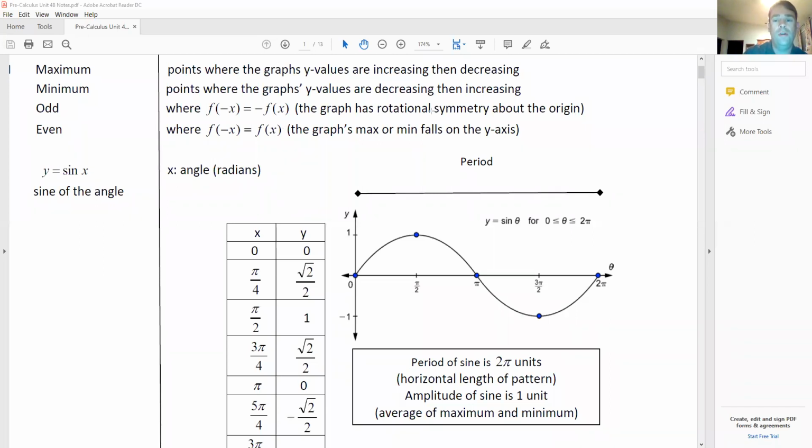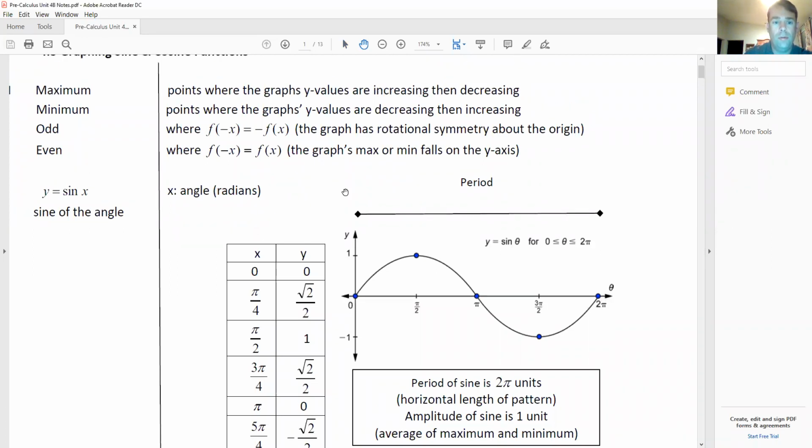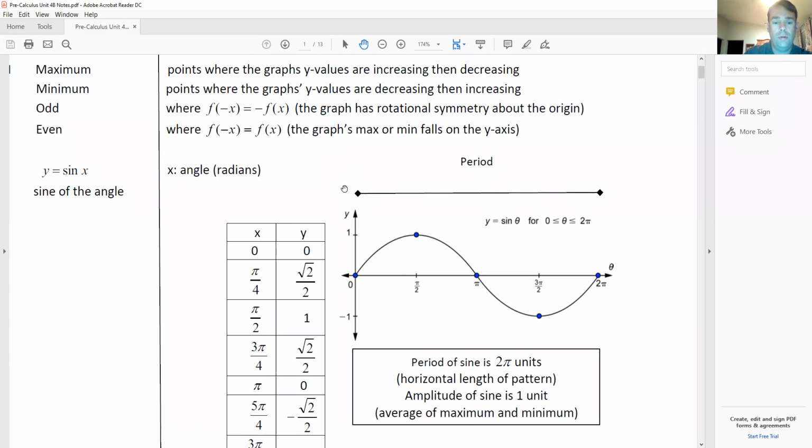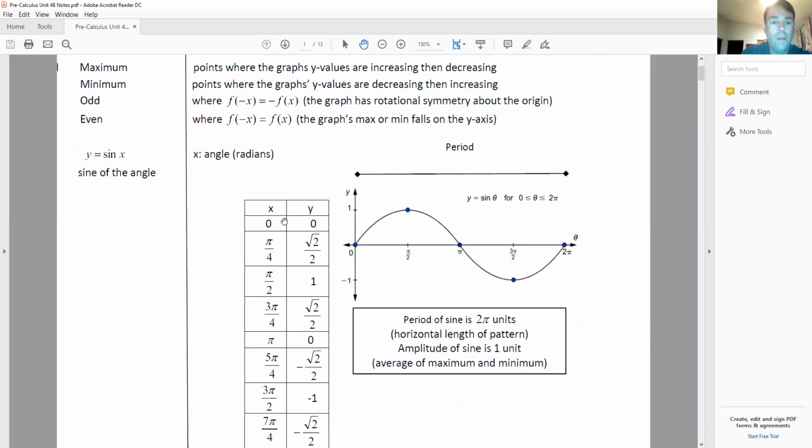On your notes, you can kind of see, let me zoom out a little bit. There we are, that's what we want. You can see how, if I were to keep going here, the graph makes this little curve.